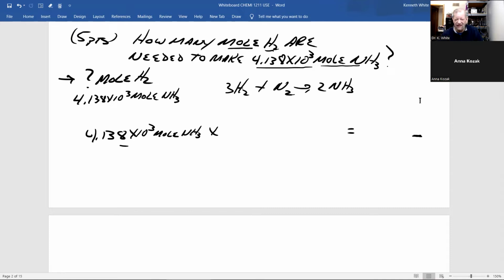And the answer is moles of hydrogen. Now, if we had a ratio that we could convert this moles of ammonia to moles of hydrogen, your turn. What units go on top and below that ratio?